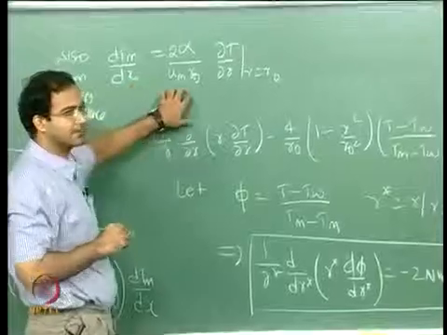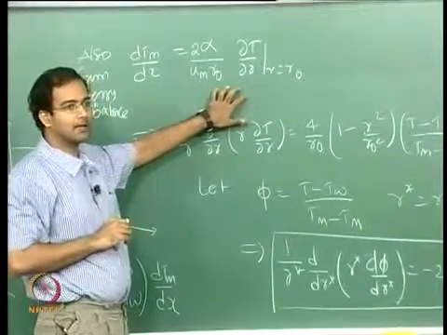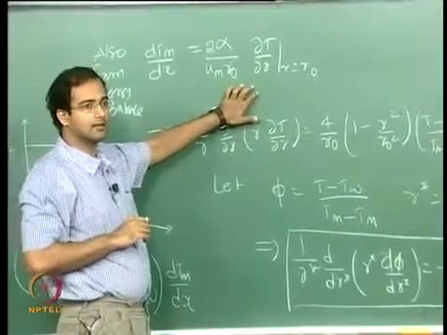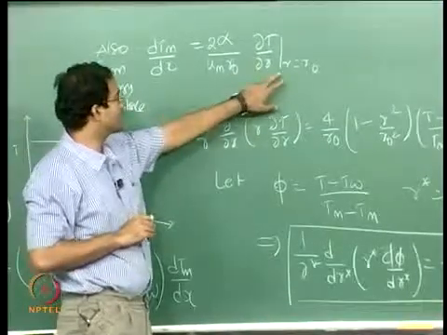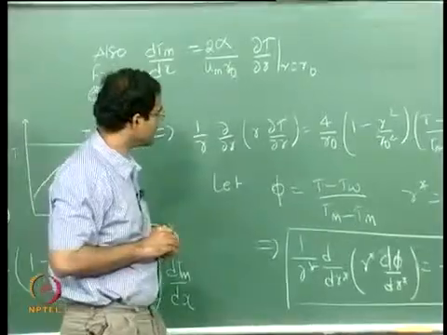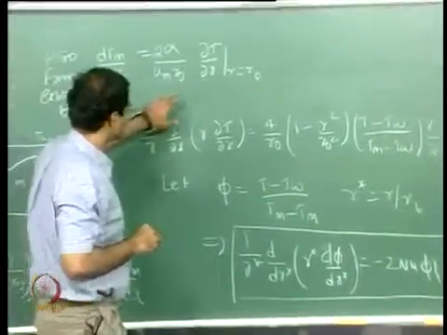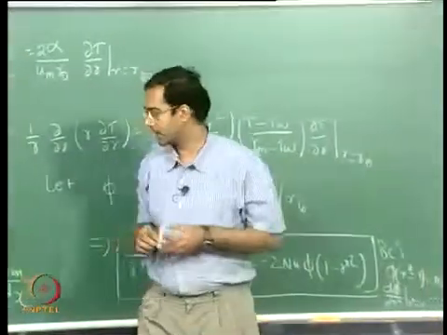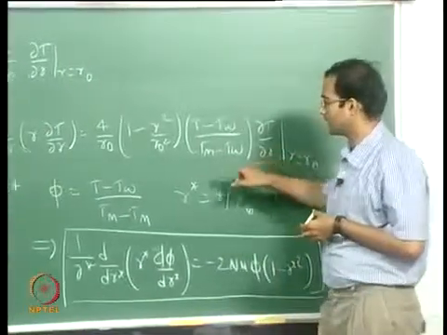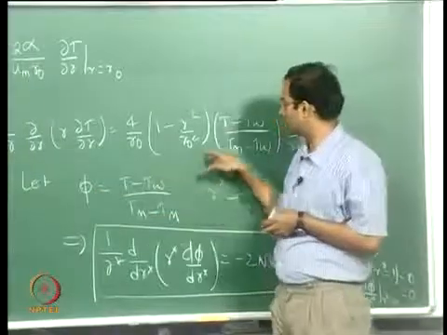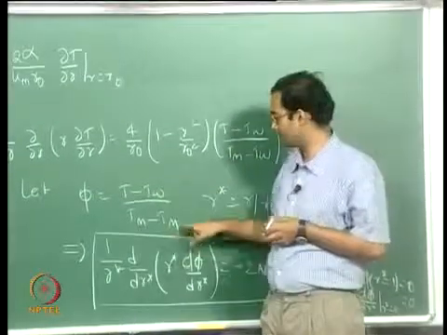So from energy balance, my dTm by dx can be related in terms of the wall heat flux as dT by dr at r equal to r naught, and when I substitute that into the earlier energy equation, I have an equation where I can use phi to denote (T minus T wall) by (Tm minus T wall).